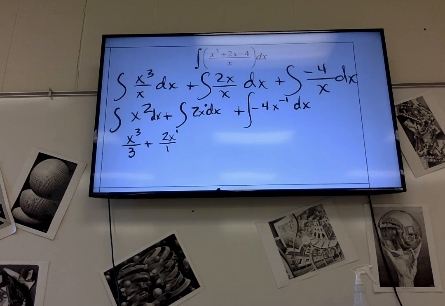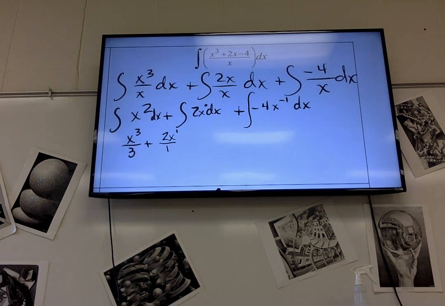Remember, the derivative of x to the 0 is 1. So there is an x there. It's an invisible x. It makes sense because when you take the derivative of 2x, you get 2. So if you take the antiderivative of 2, you should get 2x.